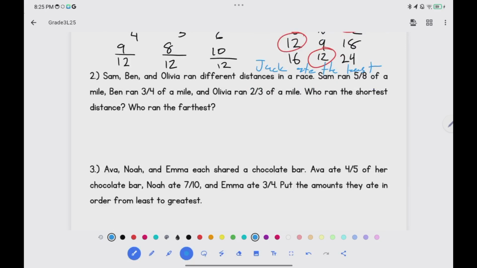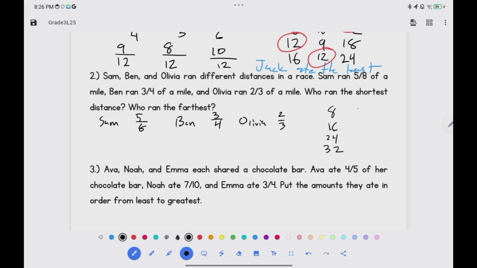Sam, Ben, and Olivia ran different distances in a race. Sam ran 5/8 of a mile, Ben ran 3/4 of a mile, Olivia ran 2/3 of a mile. Who ran the shortest? Who ran the farthest? Okay, Sam is 5/8. Ben 3/4. Olivia 2/3. So that'll be 8, 16, 24, 32.